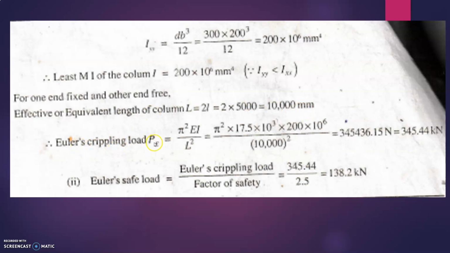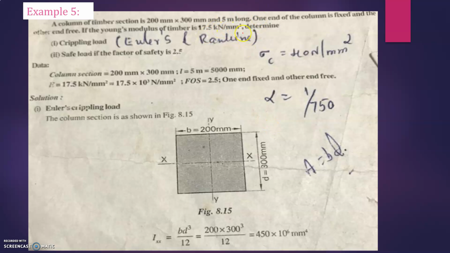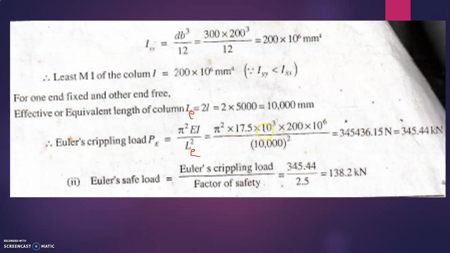Now for Euler's crippling load, use the formula pi square EI divided by LE square. So pi square into E, which is 17.5 kilonewton per millimeter square, so 17.5 into 10 raised to 3 Newton per millimeter square, into 200 into 10 raised to 6, divided by LE square, this 10,000 square.